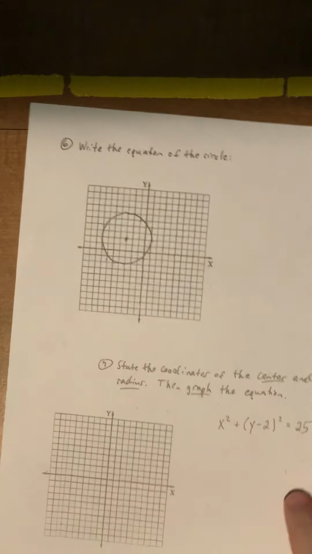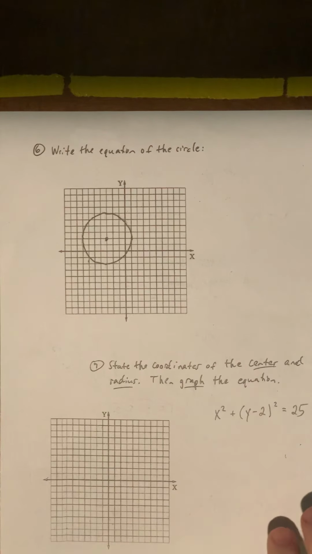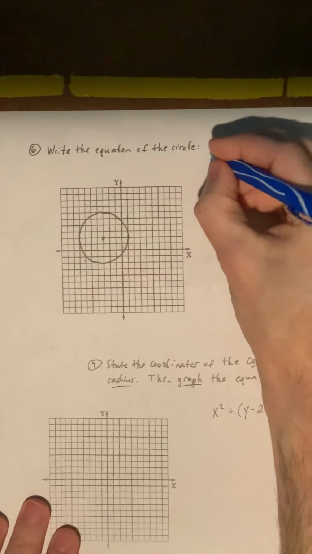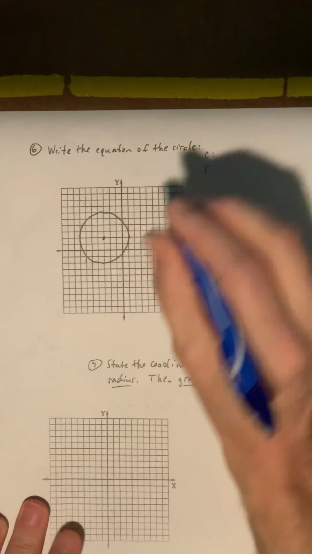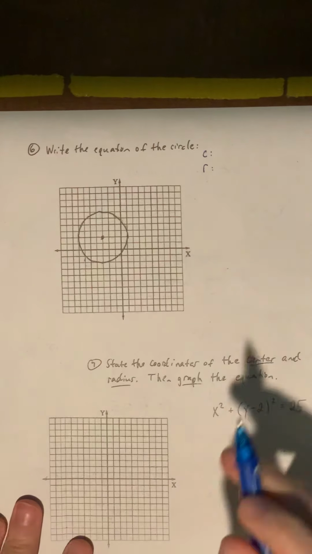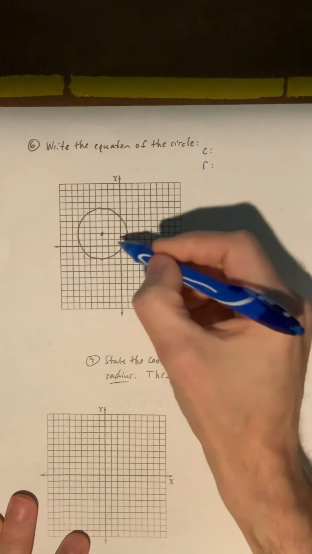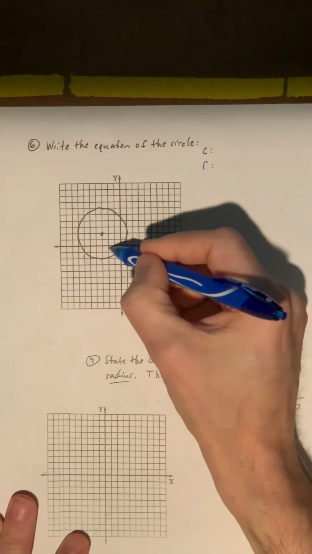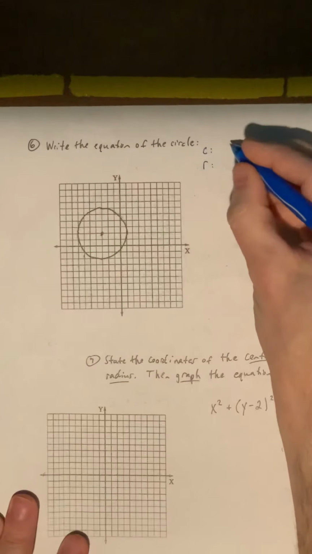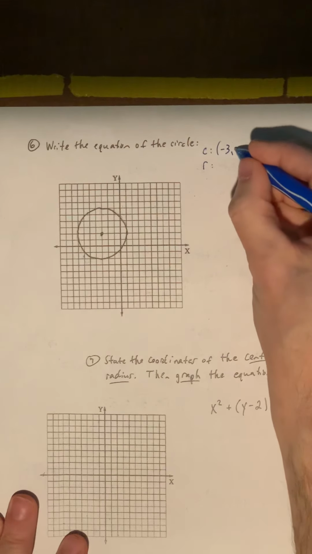All right, let's turn to the back. Sometimes you want the equation of a circle, but you're not given the information, you're given the actual graphed circle. Well, you need two things. You need the center and you need the radius. Well, we can easily tell what the center is. Left 1, 2, 3, and up 2. So the center point is -3, 2.